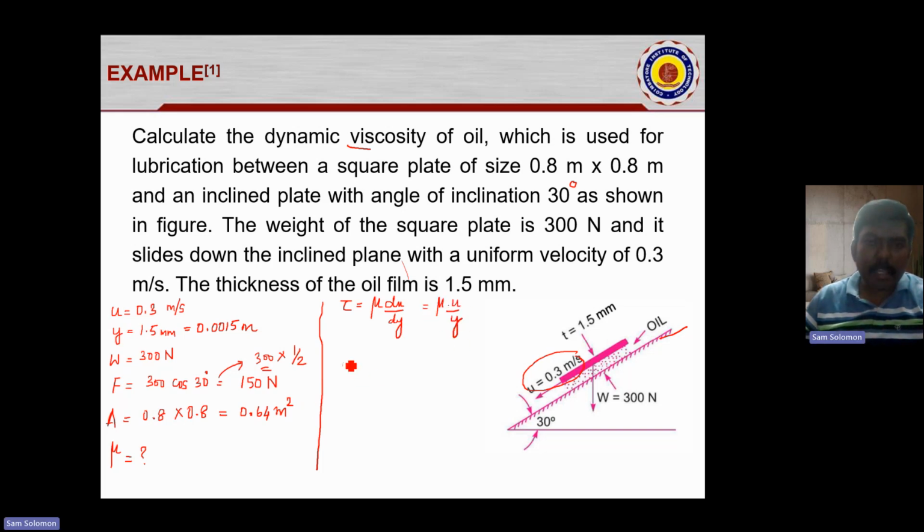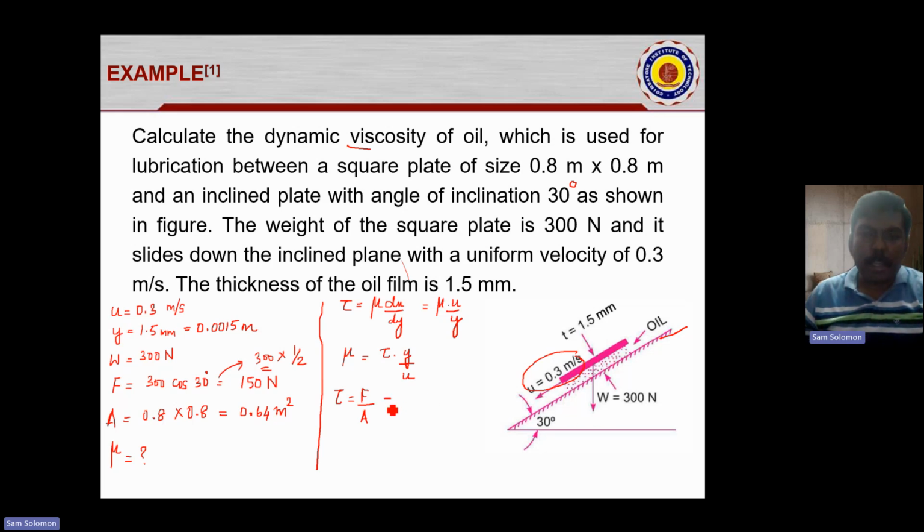Okay, so now we need to rearrange the equation and write it as mu equal to tau times y by u. So we need to find out the value of tau. Tau is shear stress. Shear stress is nothing but force by area. That is why we need to find out the force with which this particular inclined plane slides down. That is why we took the component of this particular W equal to 300 newtons.